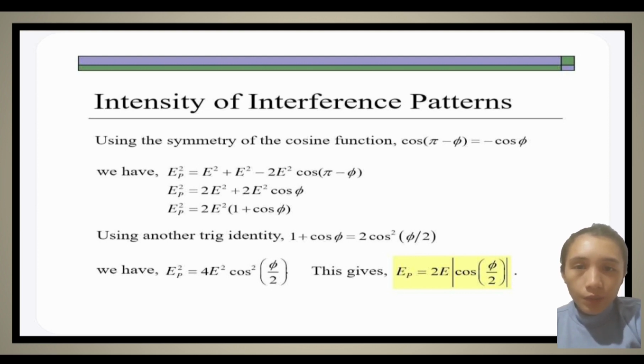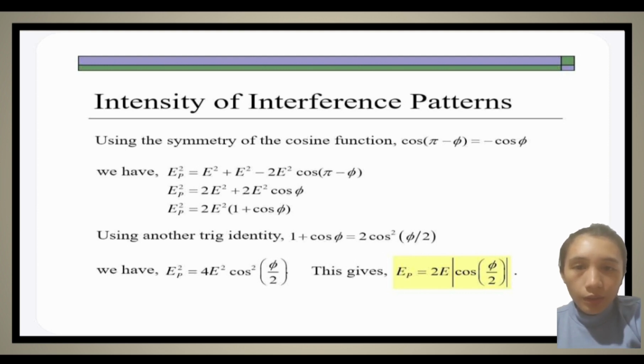We have E sub P squared equals E squared plus E squared minus 2E squared cosine of pi minus the phase difference, which equals 2E squared plus 2E squared cosine of the phase difference, which equals 2E squared times 1 plus cosine of the phase difference.